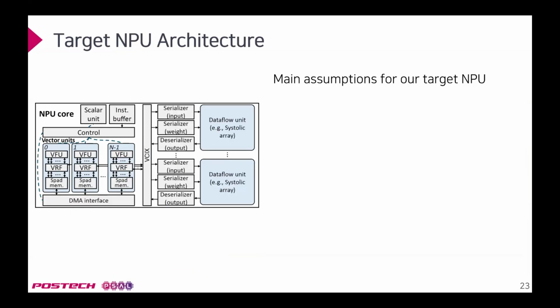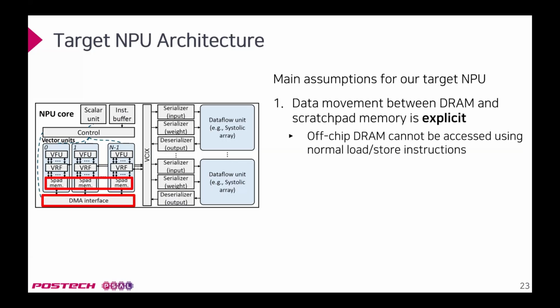To understand why the MLIR code looks like this, let me briefly describe the NPU architecture we are targeting. And the most distinctive feature is related to the DMA interface. In this NPU architecture, data movement between the DRAM and the on-chip memory must be explicit.